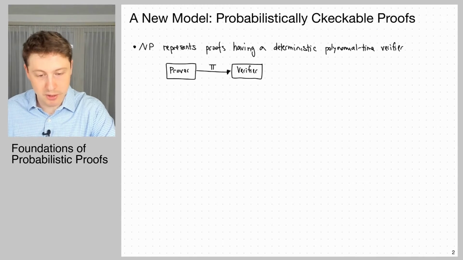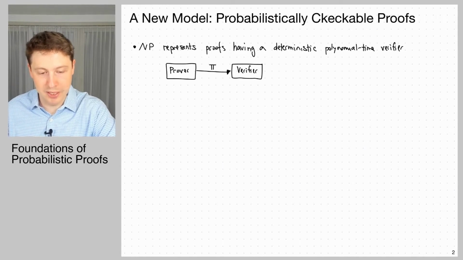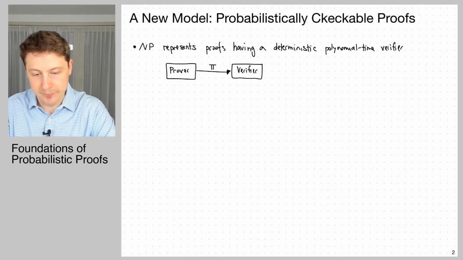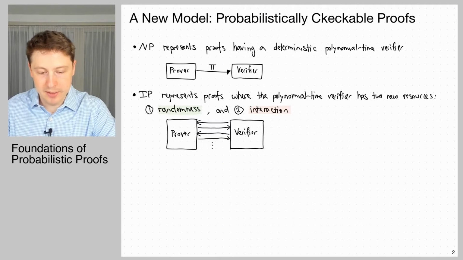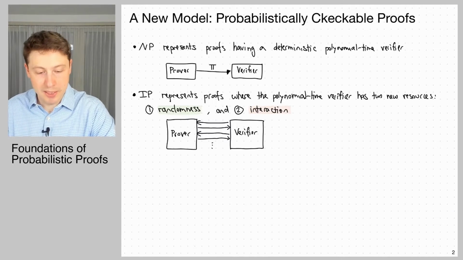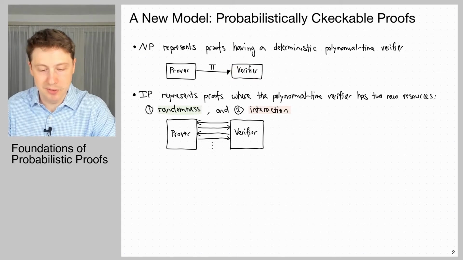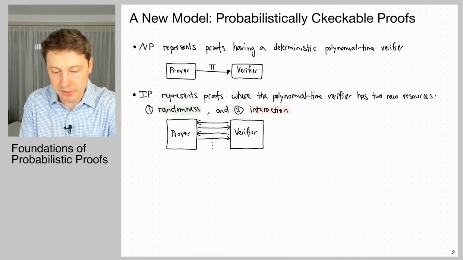To remind you, in the first lecture we started by recasting NP as classical mathematical proofs that are verified by a deterministic polynomial time algorithm. Then we considered interactive proofs as adding 2 new resources or capabilities to the verifier: randomness and interaction.